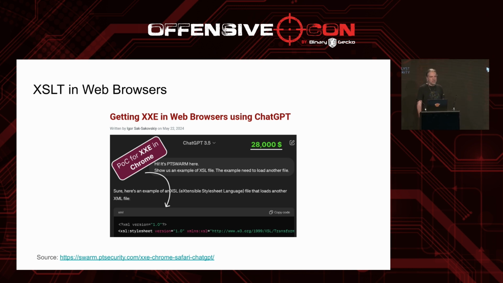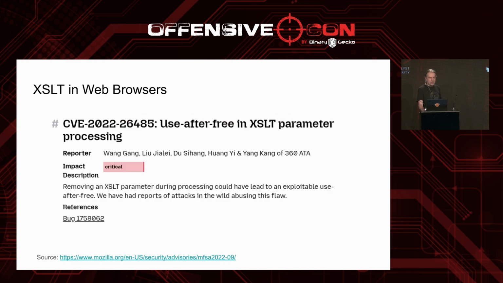So that got me thinking, where else have I seen that recently? And indeed, there was an issue a couple of years ago, back in 2022 in Firefox. And in fact, it was not just any issue, it was an issue that was exploited in the wild.